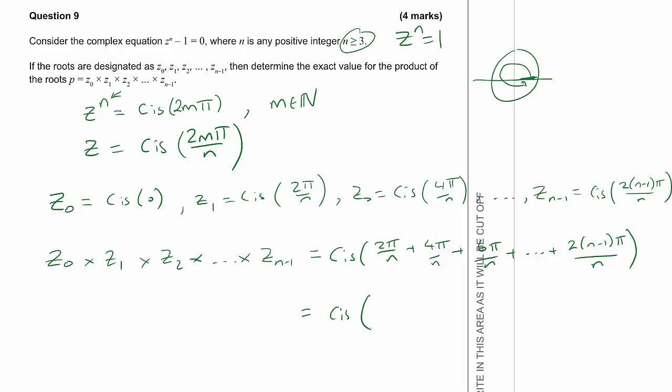So we've got a common 2 pi by n which we can take out of there, and then we'd have 1 plus 2 plus 3 plus and so on up to n minus 1.